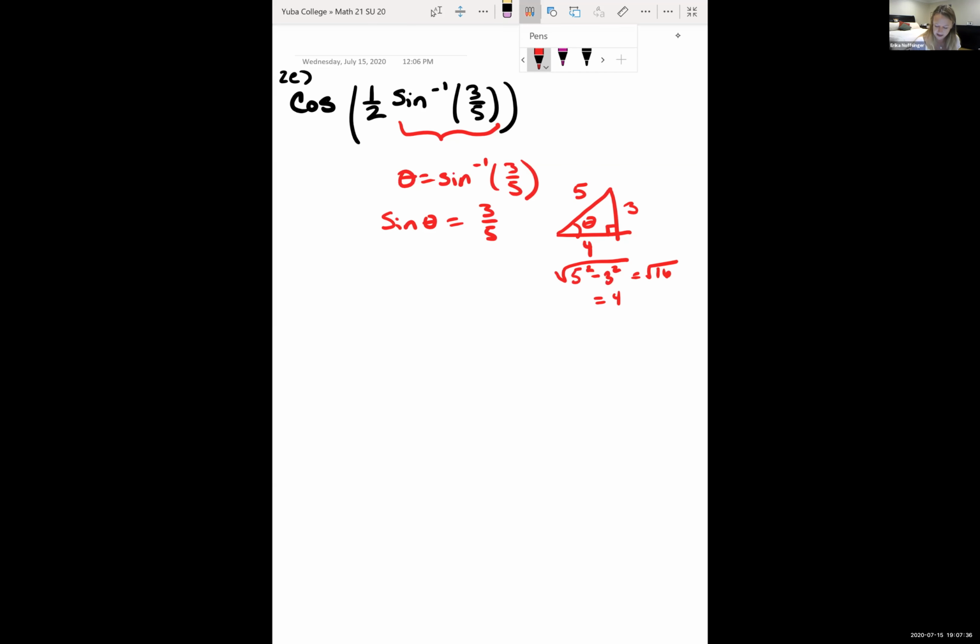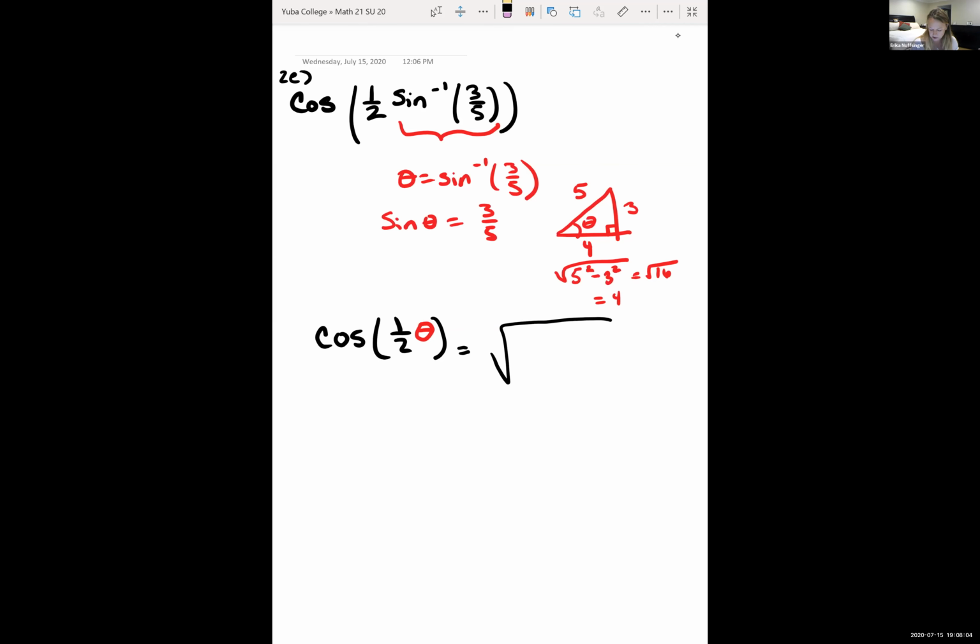So now let's go back in there and rewrite this. This is the same thing then as cosine of 1/2 times, well, we let sine inverse of 3/5 be theta. If we look at this, this is the same thing as the square root using my half angle.